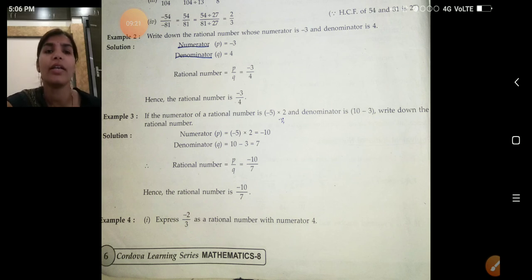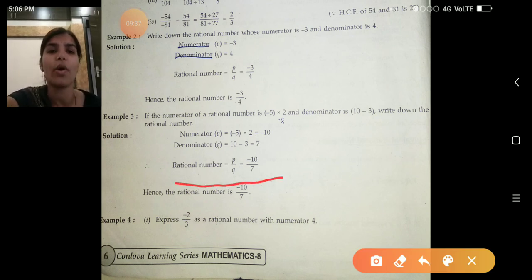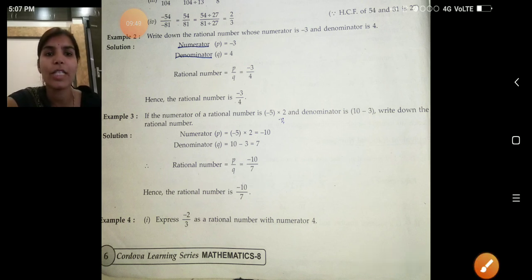And the denominator is 10 minus 3, that means 7. All of you know that a rational number is in the p by q form. So your rational number p upon q is equal to minus 10 upon 7. So minus 10 upon 7 is your rational number. Understand?